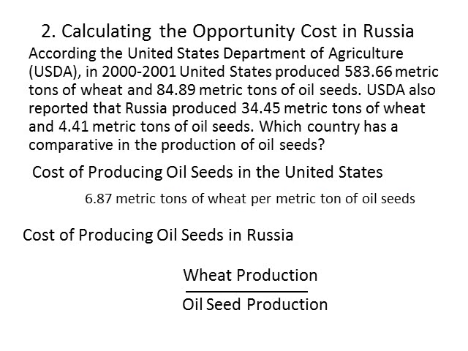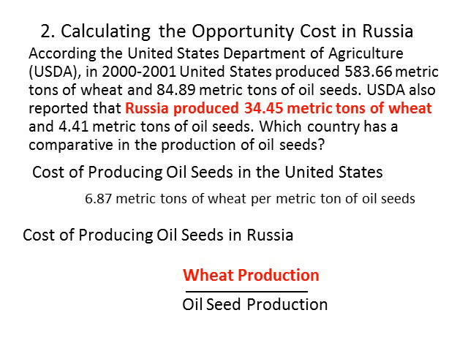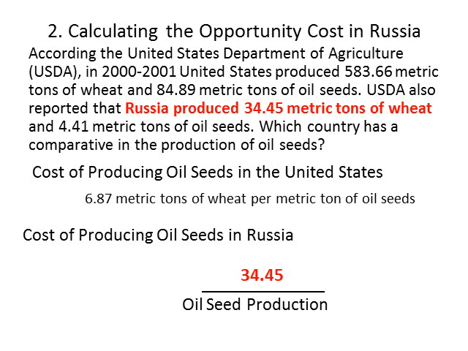Once again, we're going to use the formula wheat production divided by oilseed production. Oilseed production is what we're finding the opportunity cost of, and so it will go into the denominator. Wheat is what we're giving up, so it will be in the numerator. Russia produced 34.45 metric tons of wheat, so we will substitute in 34.45 metric tons of wheat into the formula.